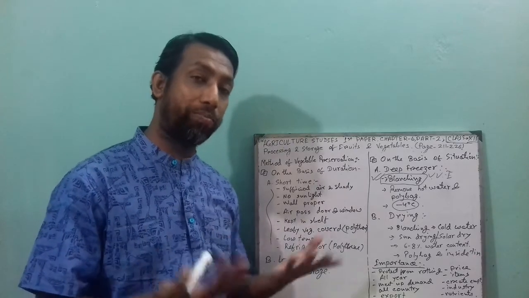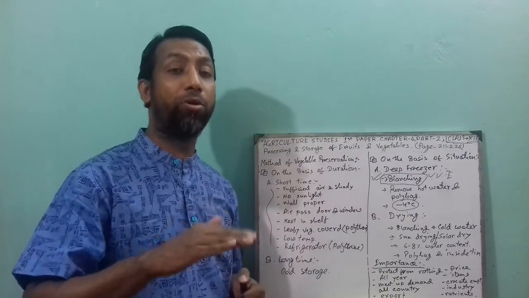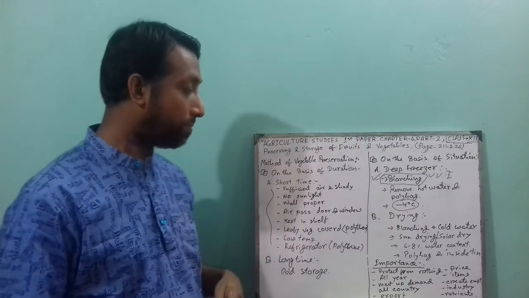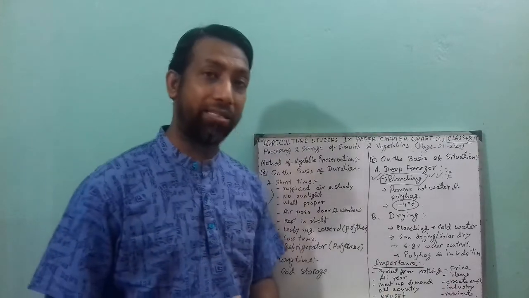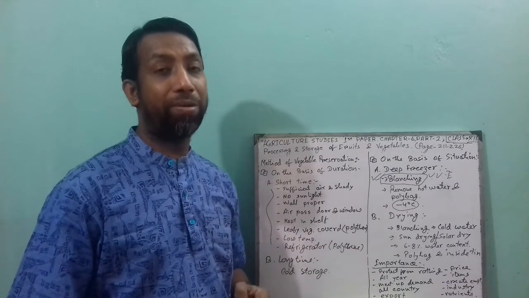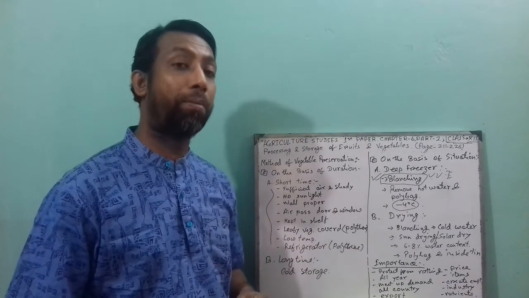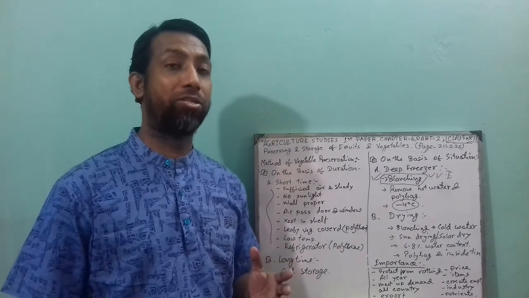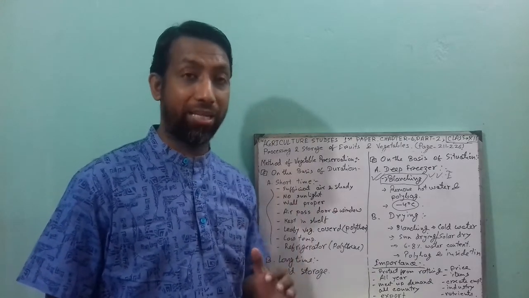Export means if we preserve properly, then we can export to foreign countries and earn foreign currency as well. Then price. Sometimes if we do not preserve, then we cannot get a proper price. In the season time, the price of the fruit or vegetable is very low.